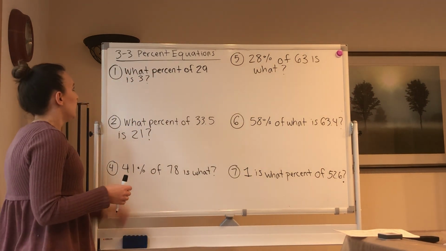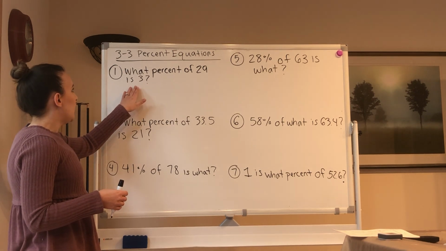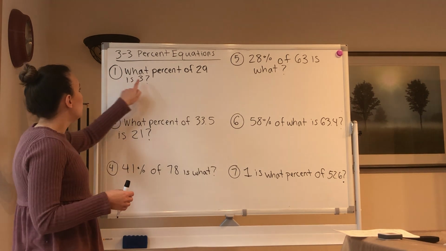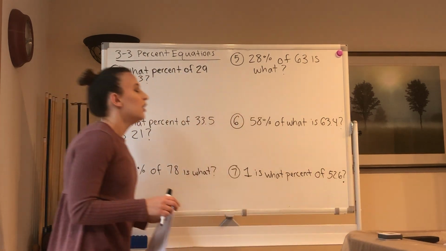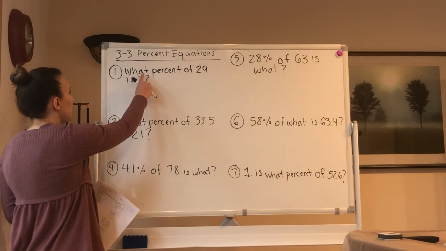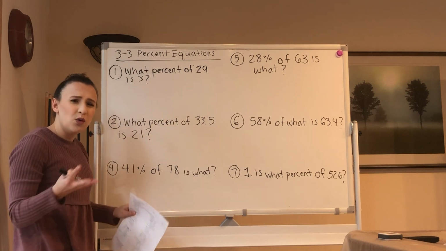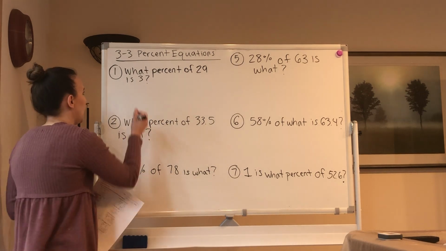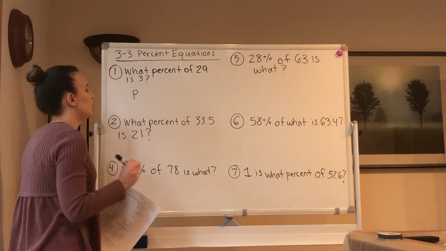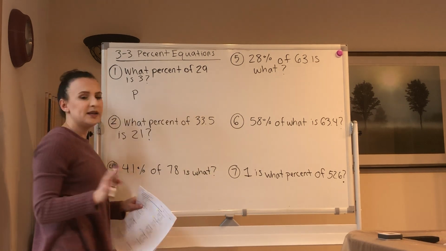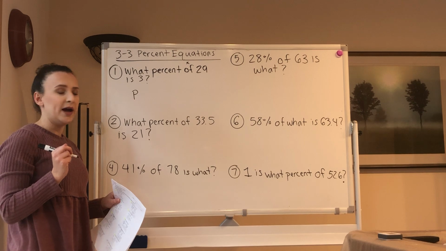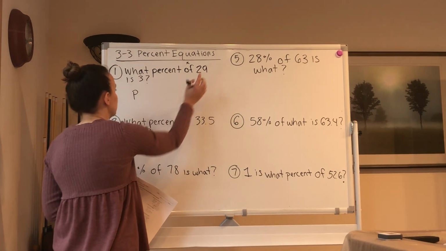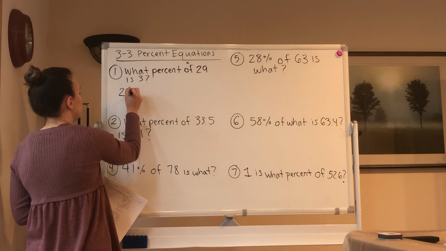Okay, so starting with number 1 on the worksheet, what percent of 29 is 3? What percent? We don't know what percent it is, so we're going to call that P. Of 29. Anytime you see of, you want to think multiply, okay? So I'm going to call this now 29p.